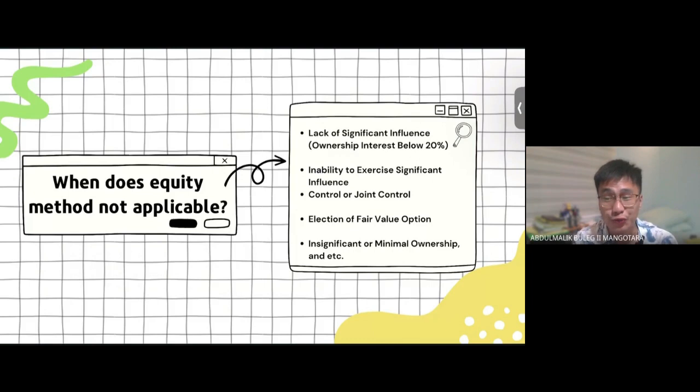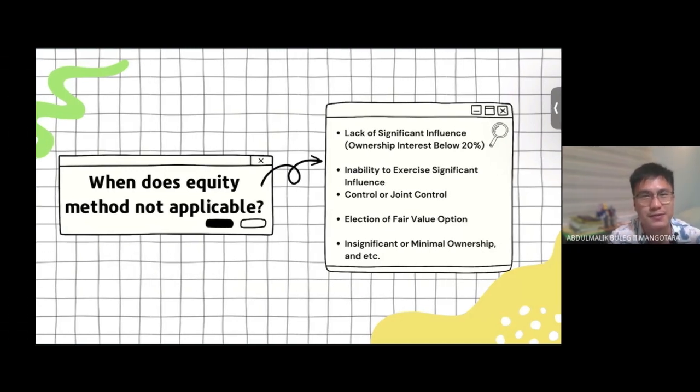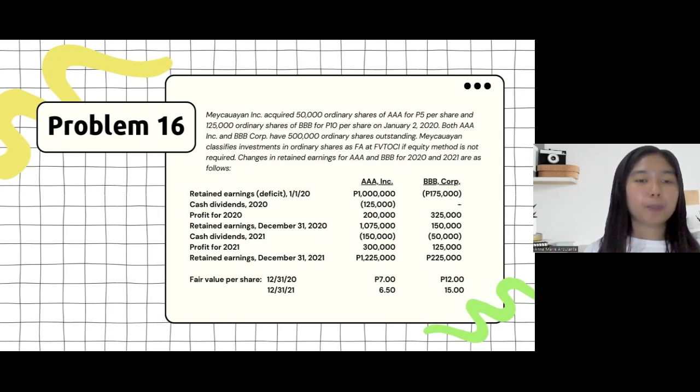Now we will move on to the presentation of our problem where we will apply these concepts. So now let's go to our problem. Maykawayan Incorporated acquired 50,000 ordinary shares of AAA Incorporated for 5 pesos per share and 125,000 ordinary shares of BBB Corporation for 10 pesos per share on January 2, 2020.